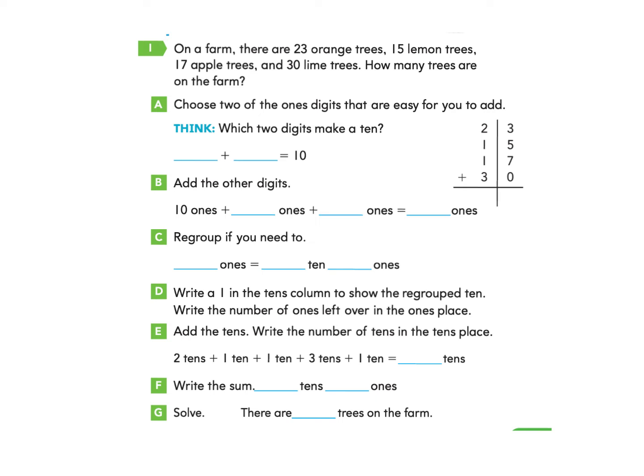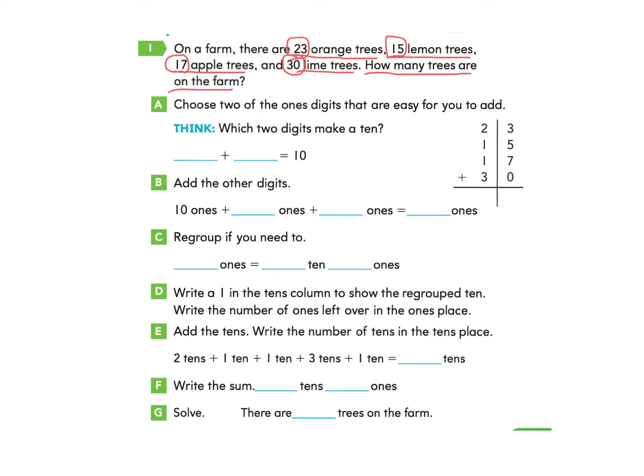We will start under Step It Out, question 1. On a farm, there are 23 orange trees, 15 lemon trees, 17 apple trees, and 30 lime trees. How many trees are on the farm?